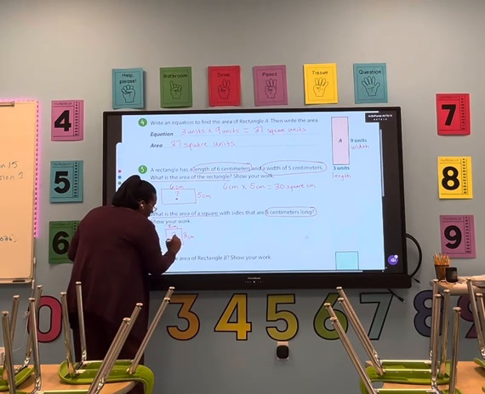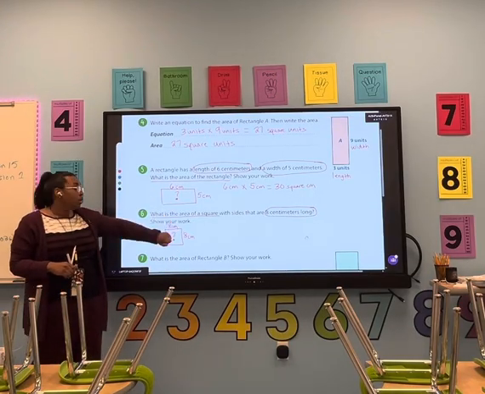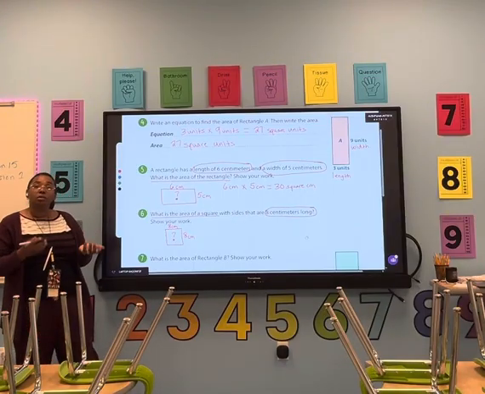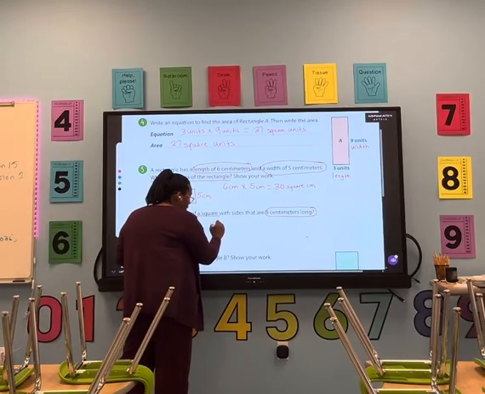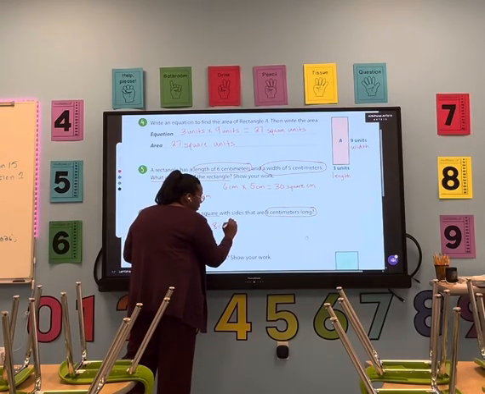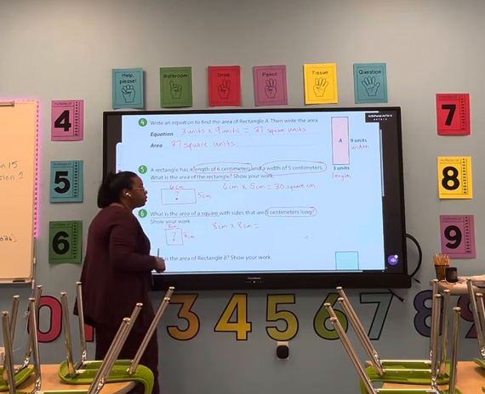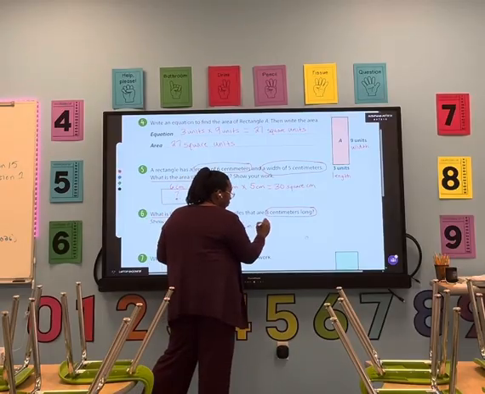And now I'm gonna figure out how many squares I can fit inside of this square. So let's go ahead and write our equation, which is length times width equals area. So the length here is 8 centimeters times the width of 8 centimeters. And then if I multiply my 8 times my 8, that gives me an answer of 64.